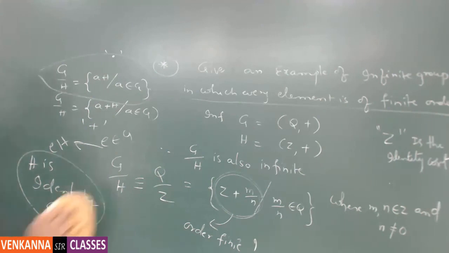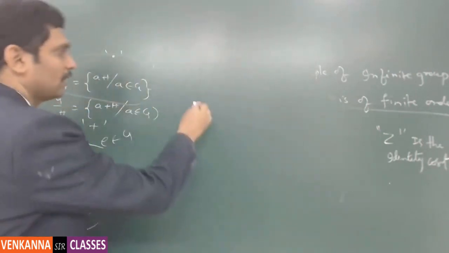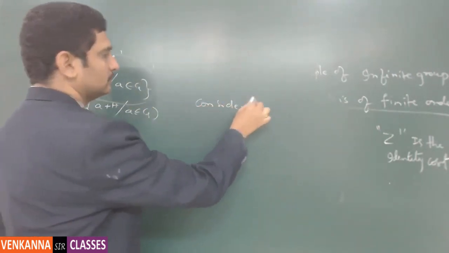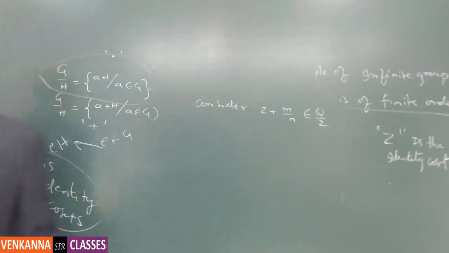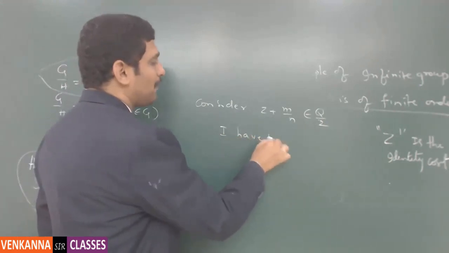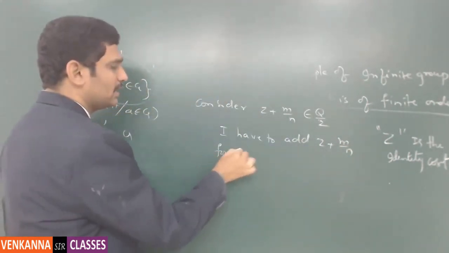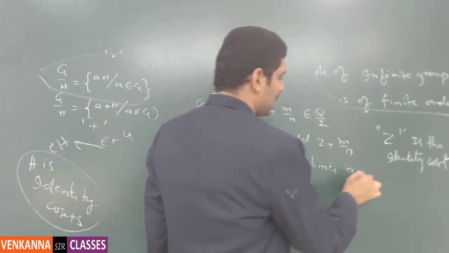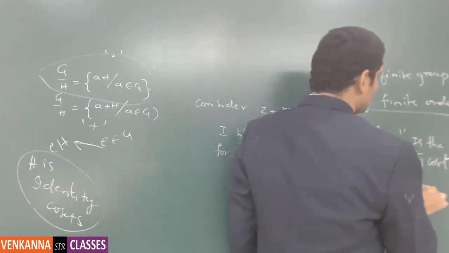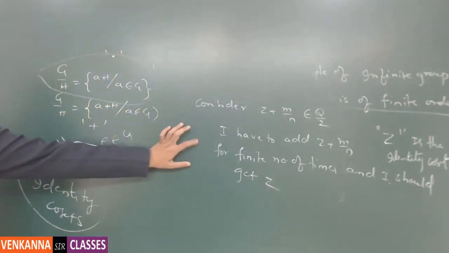Right. So here what happens? You consider Z plus m by n belongs to Q by Z. So I have to add Z plus m by n for a finite number of times and I should get Z. This is my actual technique.